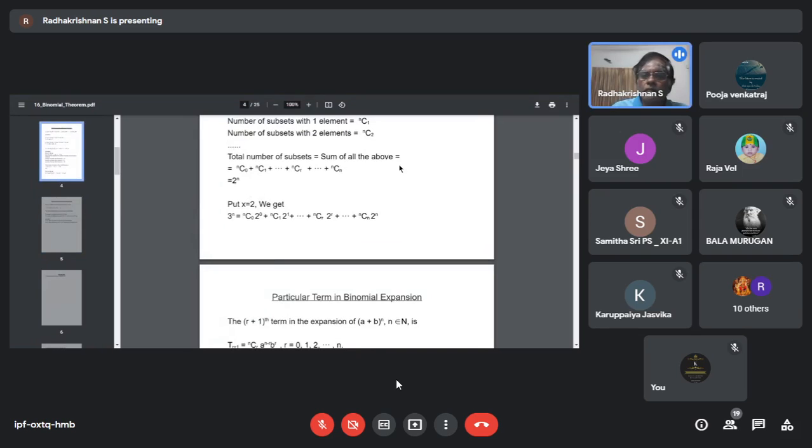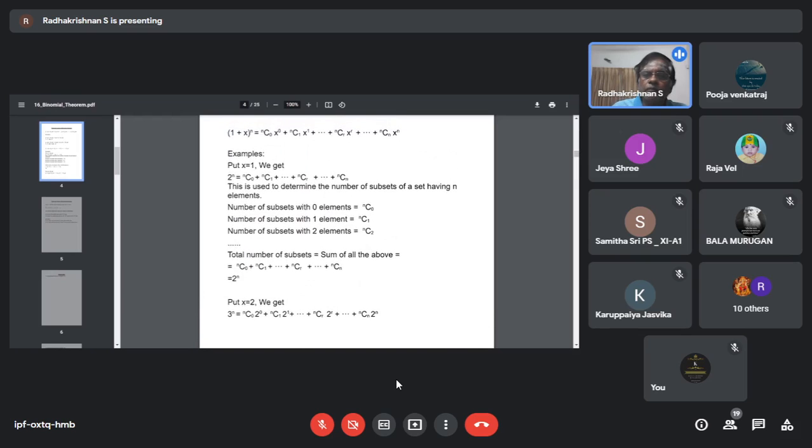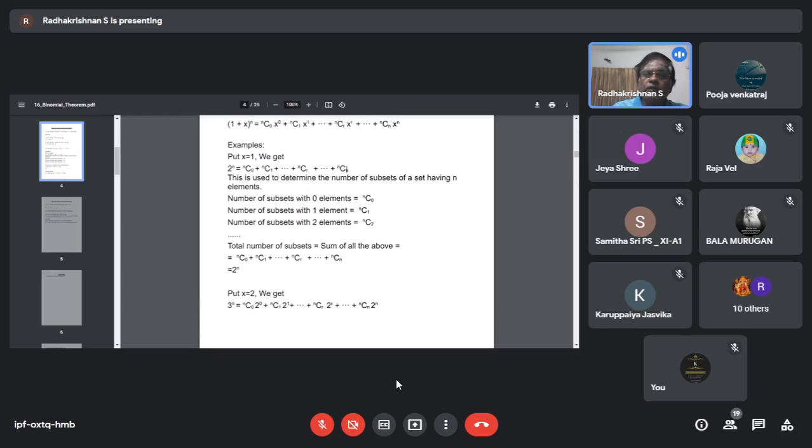So if you put it in the expansion of (1 plus x) to the power of n, put x equal to 1, you are going to get 2 to the power of n equal to NC0 plus NC1 plus so on up to NCn. So this is how we get to know the sum of all the subsets is 2 to the power of n.